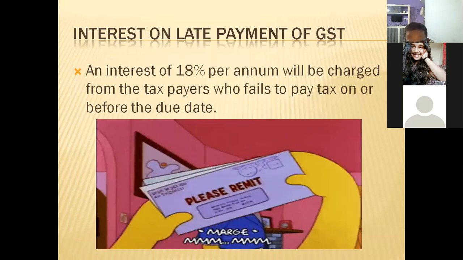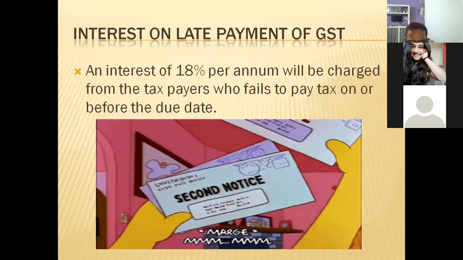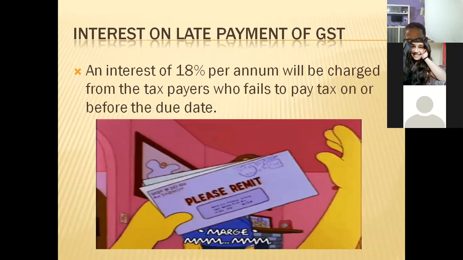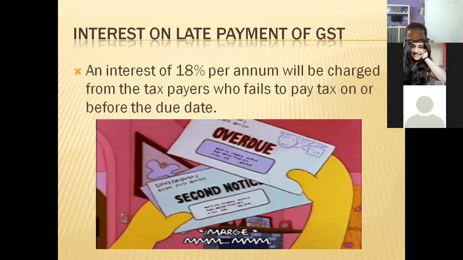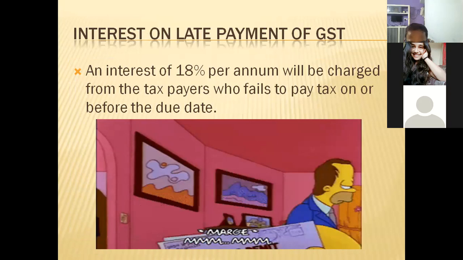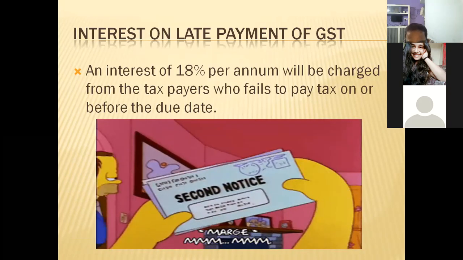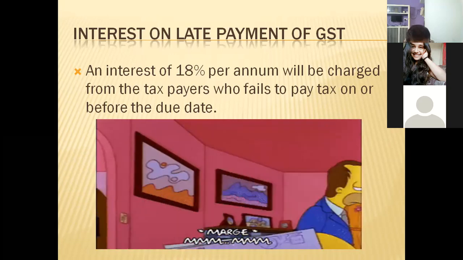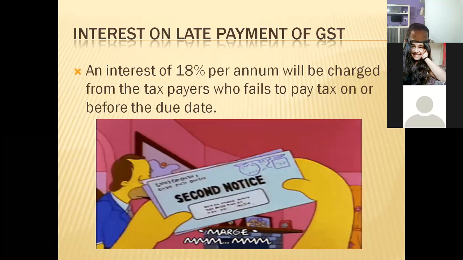Now, if you pay GST late, the due date is over and you pay late, how much do you have to pay? Interest of 18% per annum will be charged on taxpayers who fail to pay tax on or before the due date, on the amount due. This penalty interest may change from time to time.